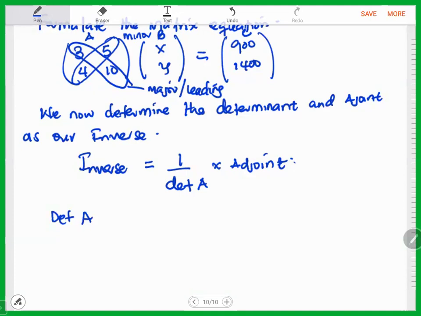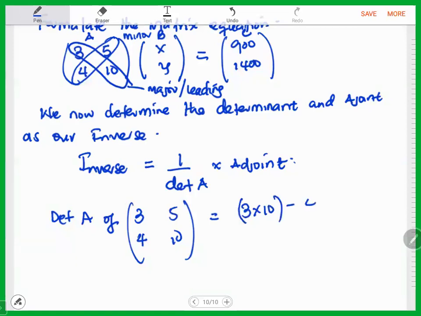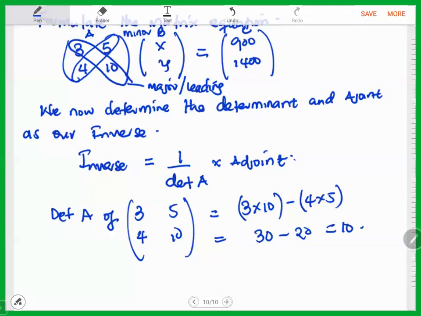So our determinant of 3, 4, 5, 10 is equal to 3 times 10 minus 4 times 5, which gives us 10. That is our determinant.